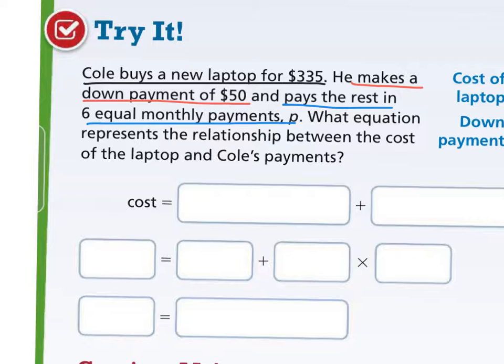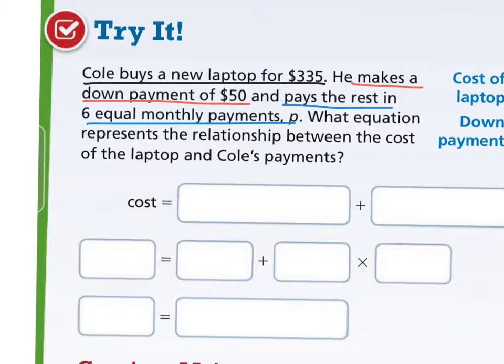In this case, somebody's buying a laptop. Maybe somebody's buying a TV, they're buying a stove. There are rental places where some of them are rent to own, where if you rent it long enough, then you actually own it at that point.